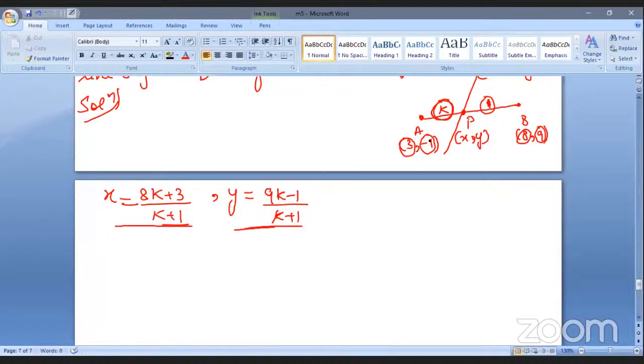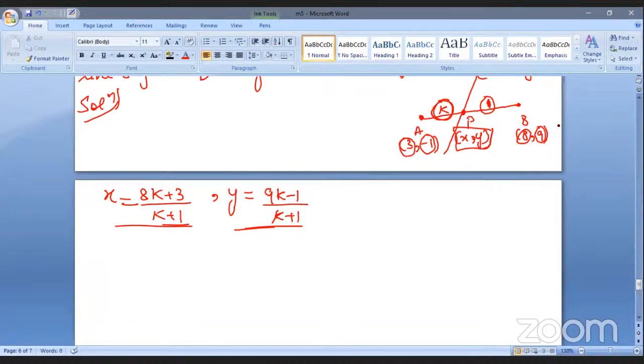Now, just assume that these coordinates x and y are known to us. So I can write in the place of x this and in the place of y this. Now we don't know the equation of this line segment, though we can definitely find it out.